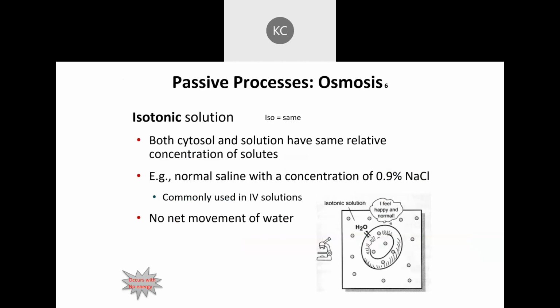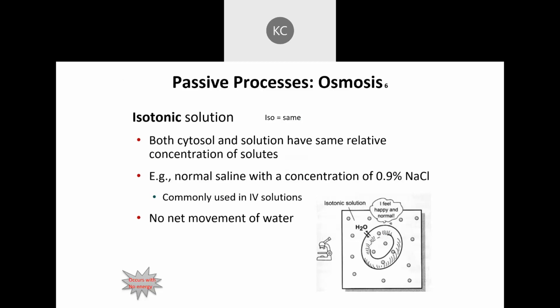Okay. And again, following the same principle of what we just talked about, water is going to move to where there is a greater or higher concentration of solutes. Okay. So in this case, in an isotonic solution, iso means the same, or they're equal. So there's equal concentration inside the cell versus outside the cell.